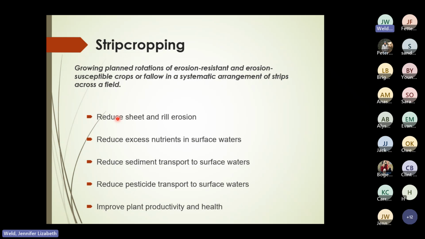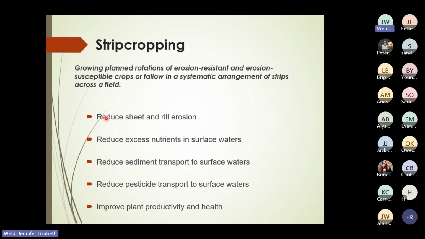So you're creating zones across the landscape where crops more susceptible to erosion are grown. As the water and soil move through those areas, they will be intercepted by a field or a crop that has more residue, and it'll slow that water down. It will allow it to infiltrate, and it will prevent accelerated erosion.